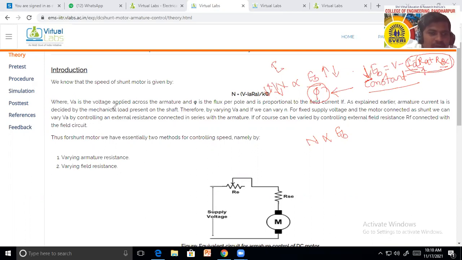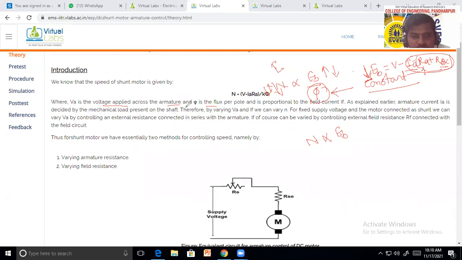See, where VA is the voltage applied across the armature and phi is the flux per pole, which is proportional to the field current. Now armature current IA is decided by the mechanical load present on the shaft. Same theory.